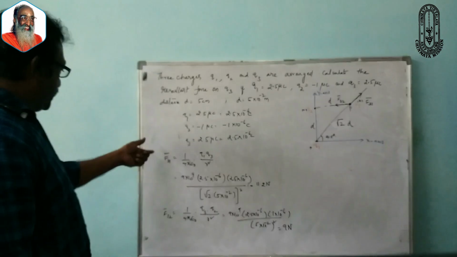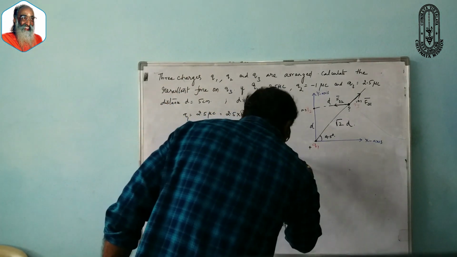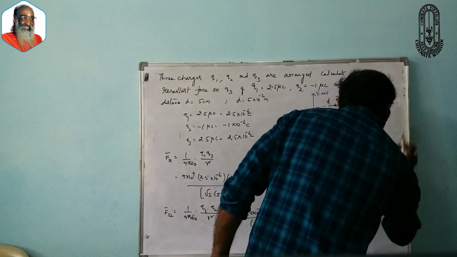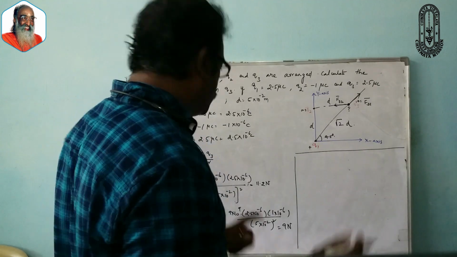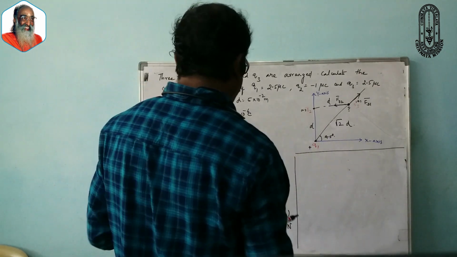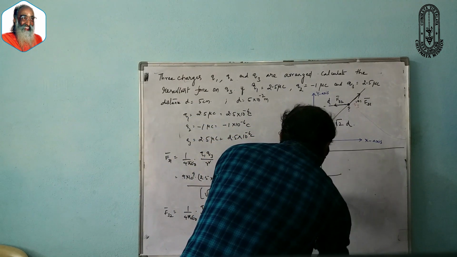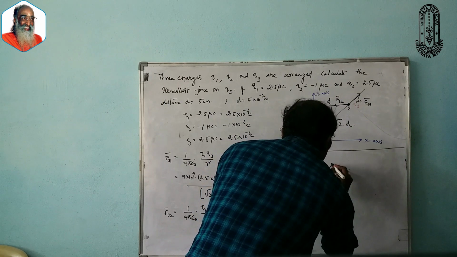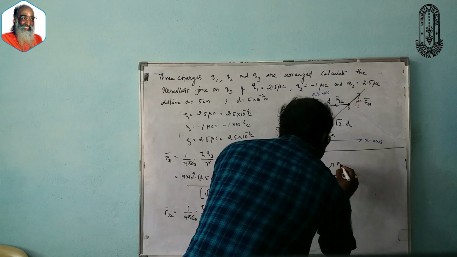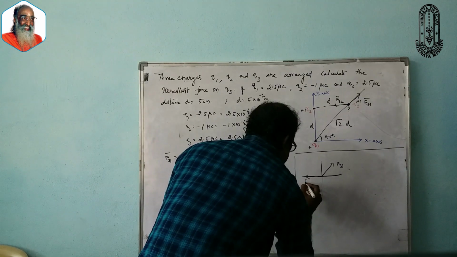Now we got these two values, F31 and F32. Since you are already in the 11th class, you will have learned how to find the resultant of two vectors, and we use that knowledge here. Just look at the diagram here. Now F31 is in this direction and F32 is in this direction.